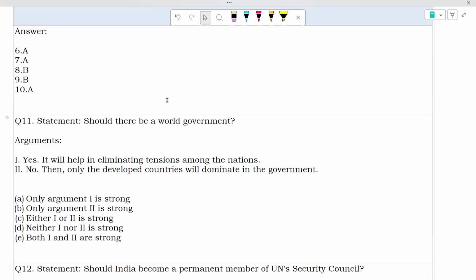Sir, I just had a query. Here the question is, should there be a world government? They are not mentioning anything related to developed countries and developing countries, right? So is this an assumption we are making when answering that the second one is strong?